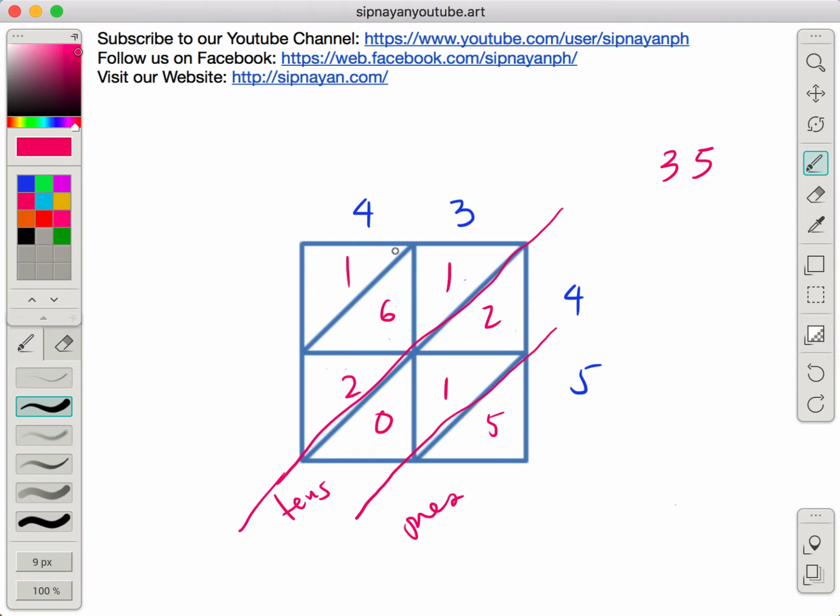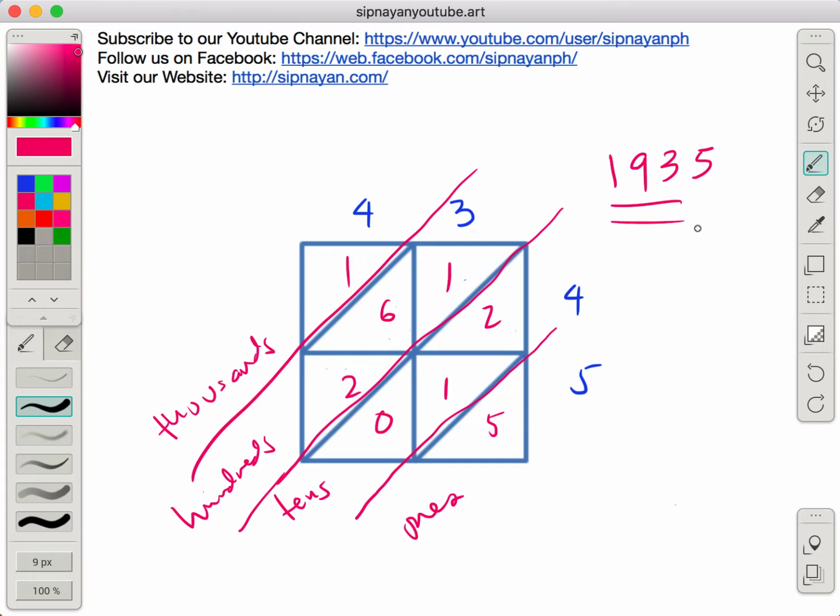At dito naman, yung ating part na ito, susunod, this is the hundreds place. So, 2 plus 6 plus 1 is 9. And ito, syempre, yung thousands place, yung natira. Thousands place. So, 1935.